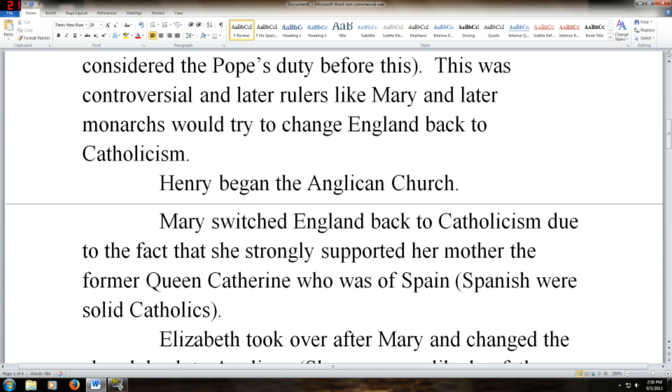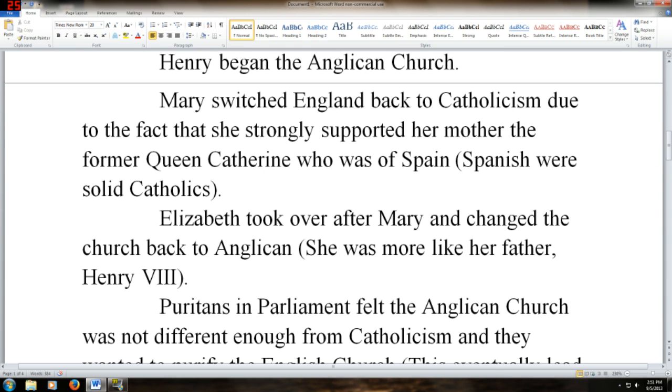So Henry was told, in essence, to marry Catherine. Well, Henry liked other women, and when he wanted to marry a new wife, because Catherine hadn't produced any male heirs, he found this one woman, Anne, and to get rid of Catherine, he'd have to break away from the church, because the Pope didn't want him to get a divorce. So that's why he forms the Anglican Church.